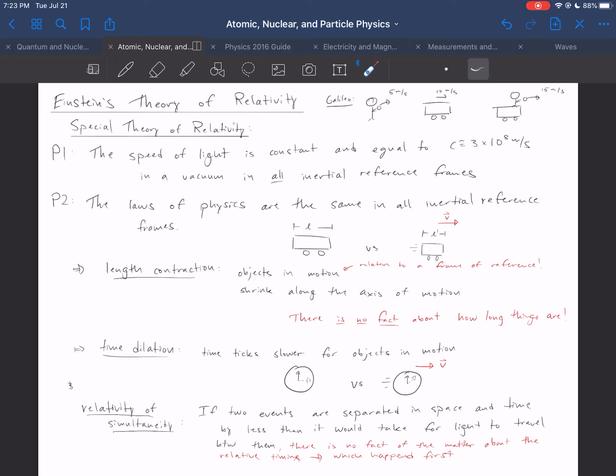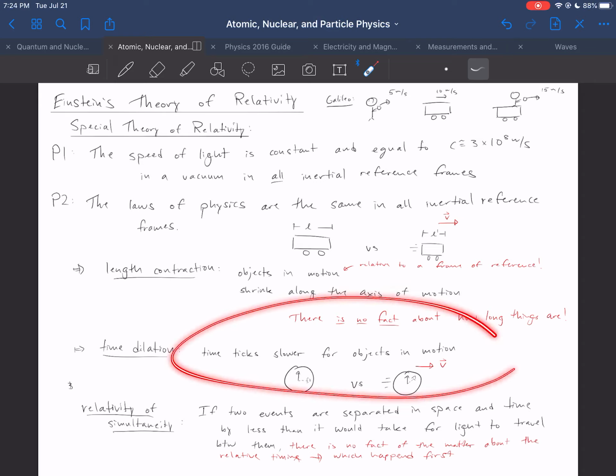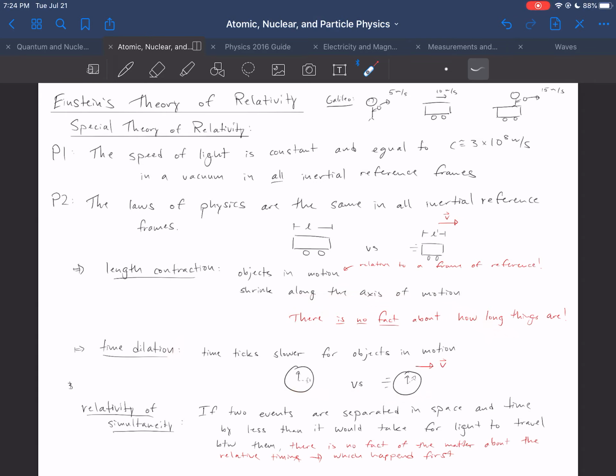So the shortest time interval that anything takes will always be measured in its own reference frame. This seems weird to us and is responsible for a number of apparent paradoxes, including the twin paradox, which I will explain at a later point.